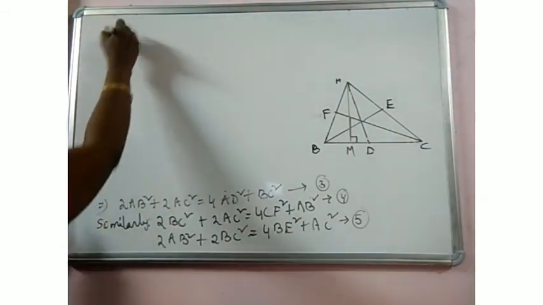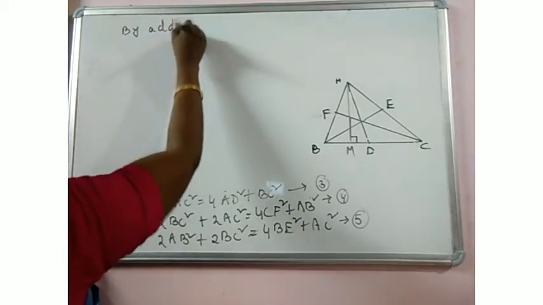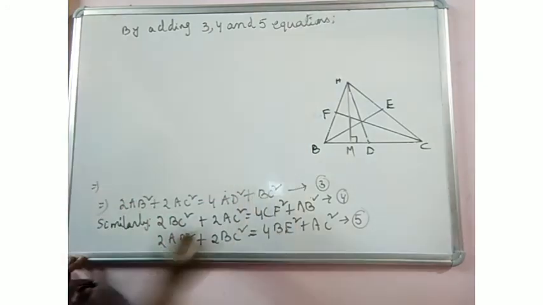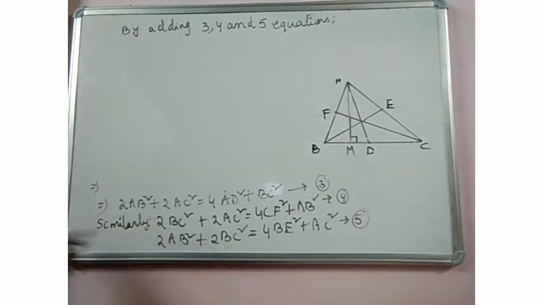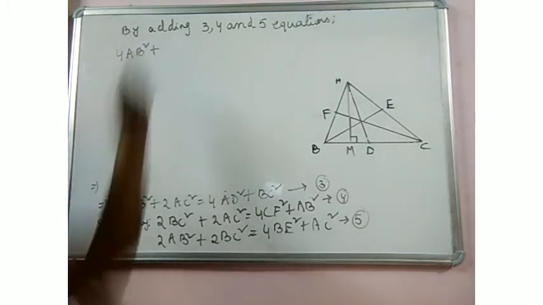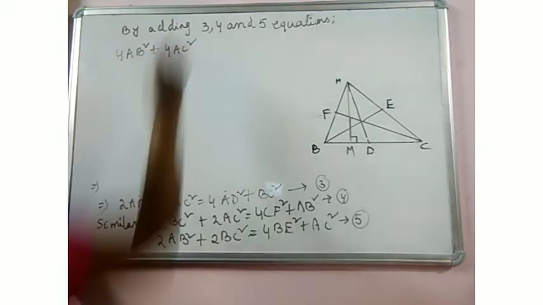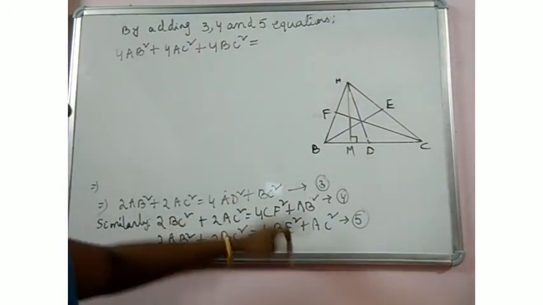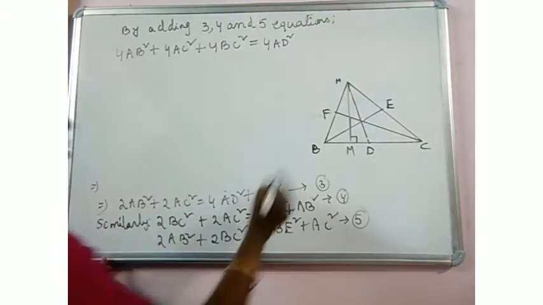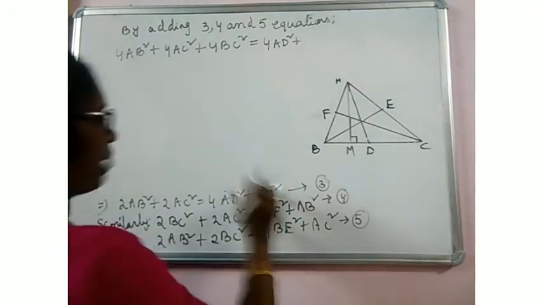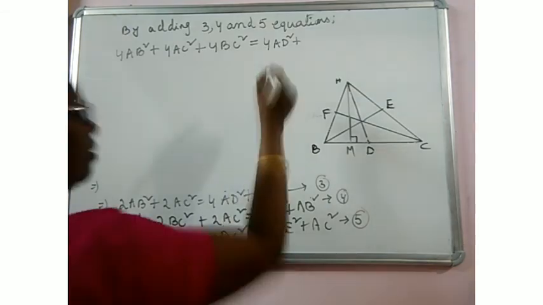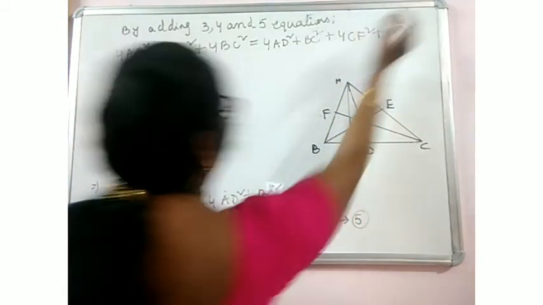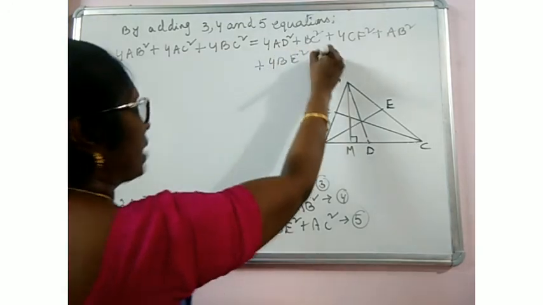By adding the 3, 4 and 5 equations, we get 2AB square plus 2AB square, 4AB square; 2AC square plus 2AC square is 4AC square; 2BC square plus 2BC square is 4BC square, equal to 4AD square plus BC square plus 4CF square plus AB square plus 4BE square plus AC square.